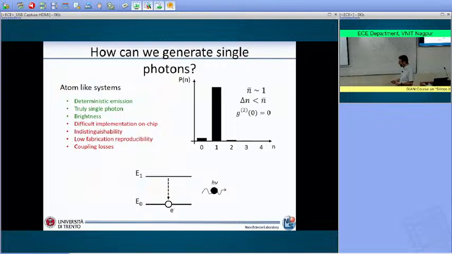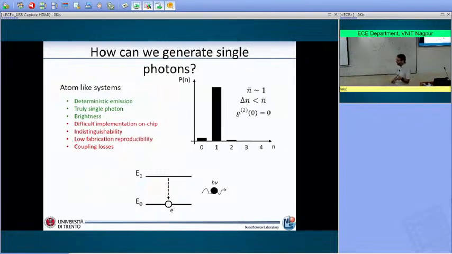So the ideal situation is where we are considering, for example, an isolated quantum dot, or an isolated defect. Therefore, what we are doing is trying to isolate single quantum dots, and single defects, in order to get a single photon emitted.